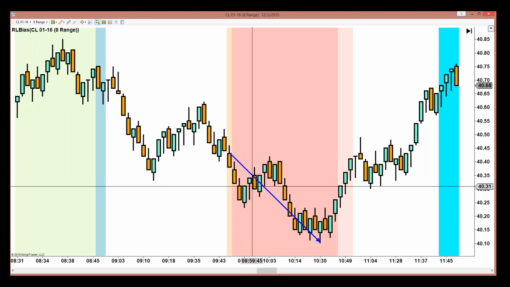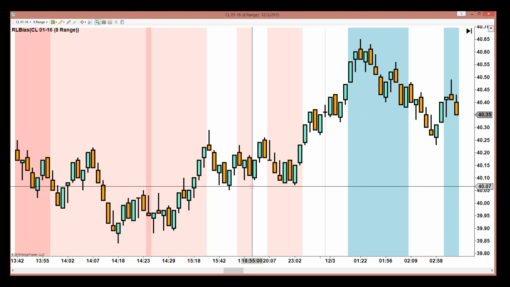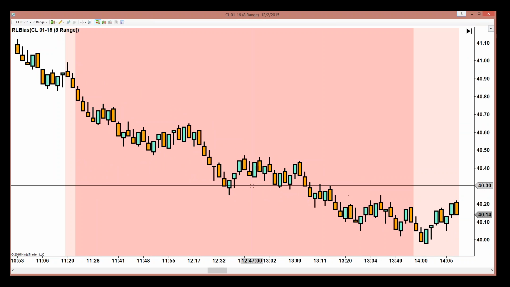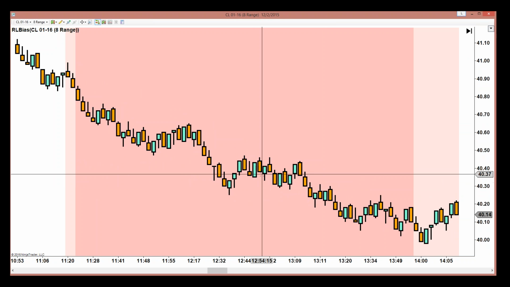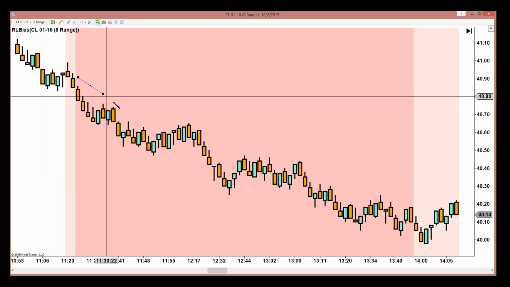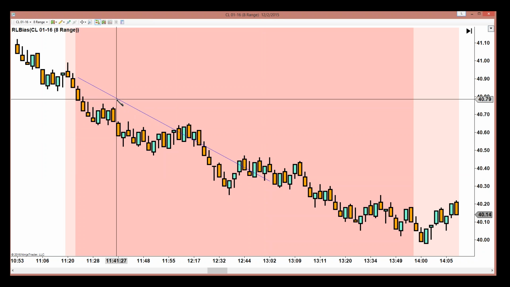Now, it does two things. It not only predicts direction, it also censors you if you're taking a trade in the wrong direction, because it's very counterproductive to counter trend trade. Now, here, whoops, wrong indicator.